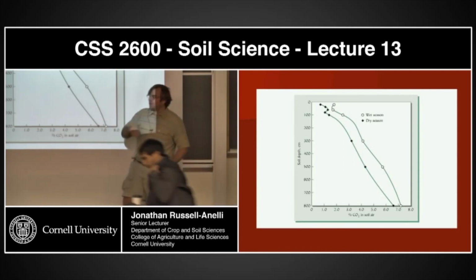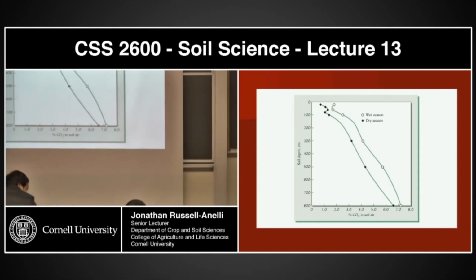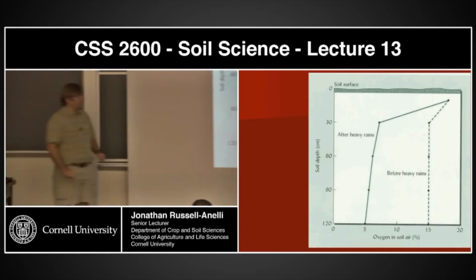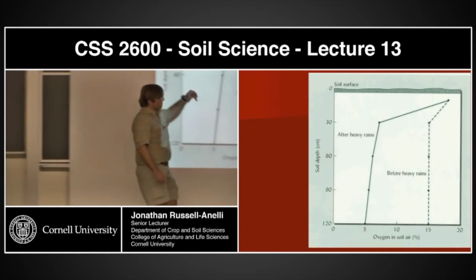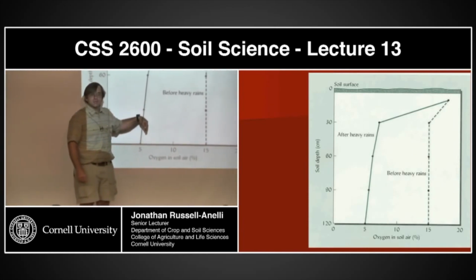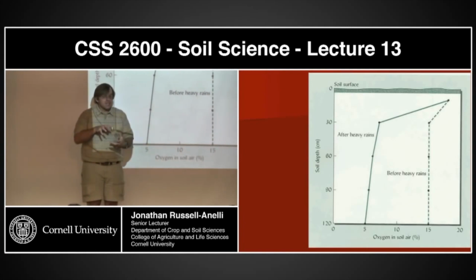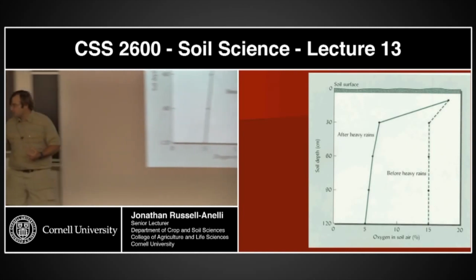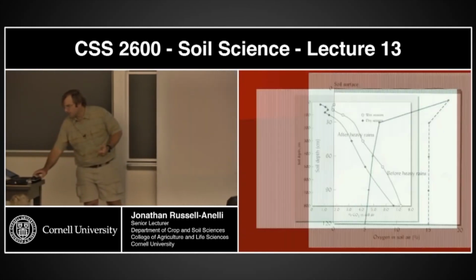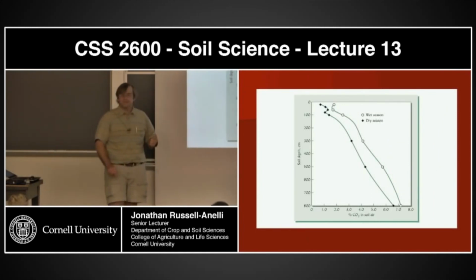Because if the water is moving into the system, like this scenario, my CO2 levels would basically do the same thing, because CO2 is in the gas, right? Does that make sense? In this scenario, something else is happening.